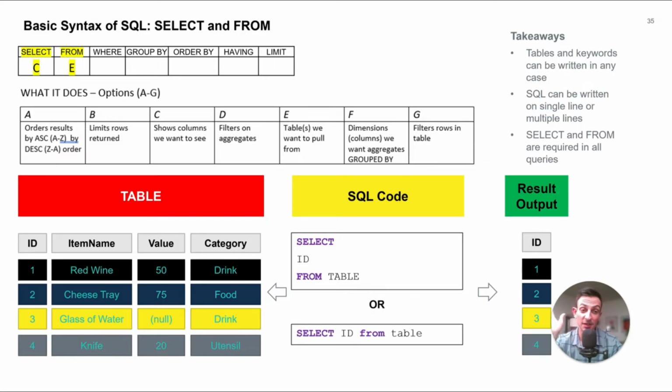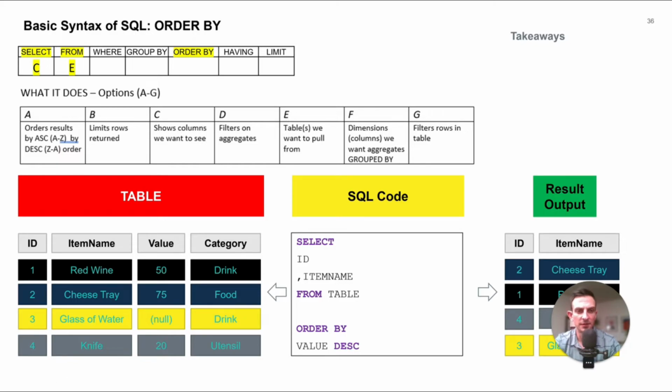Also, tables and keywords are case insensitive. So SQL as a language is case insensitive and line agnostic. Select and from, these 2 keywords are required in all queries. So if you're writing a query, you're always going to be starting with select and from. You're always selecting some column from some table is where we start.